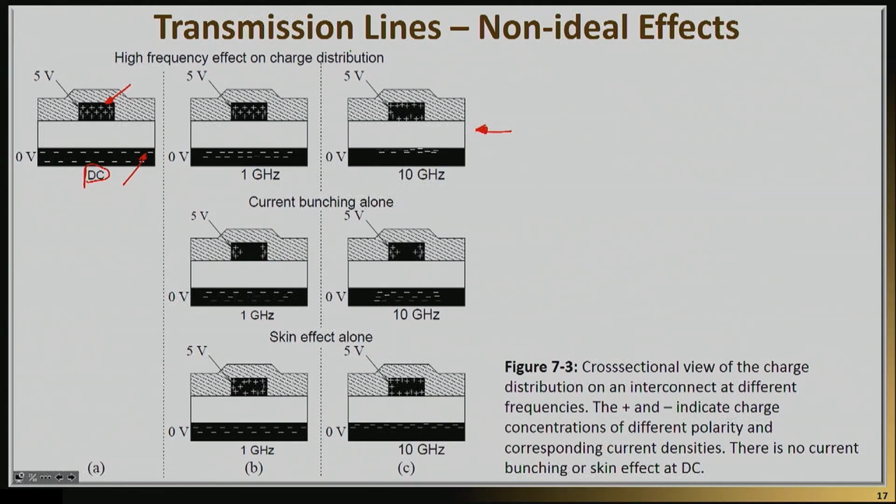But as the frequency keeps increasing, that geometry will actually break. And you will see, for example, for high frequencies, which is the focus of this course, most of the charge and current will be at the edges, and most of the current and charge for the ground plane will be at the edge of the ground directly underneath the microstrip line.